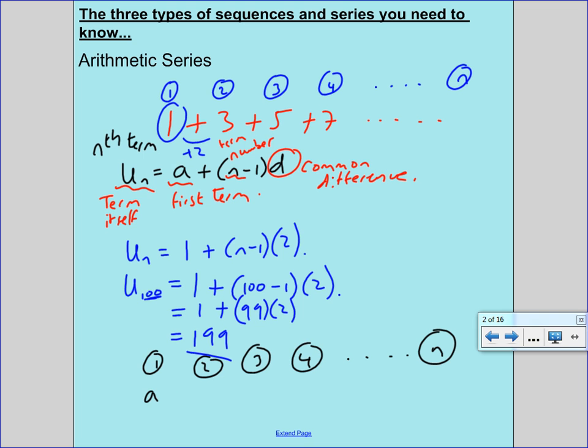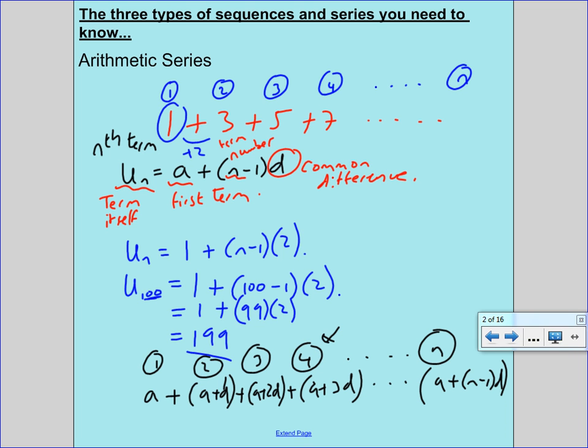So the first term is a, remember, then we're plussing a common difference, which is d, so the second term will be a plus d, then we're plussing d again, a plus 2d, a plus 3d, all the way up to a plus (n minus 1)d, because here n is 4, but we're timesing the common difference by 4 minus 1, which is 3, and if you go along, it's the same. That's the nth term. We do need to absolutely know our formula back to back, okay?